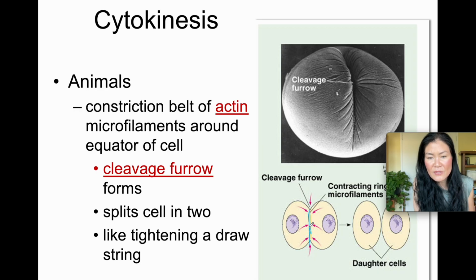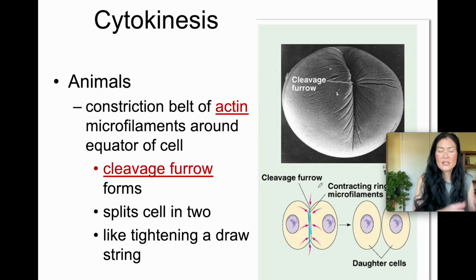Right under the cell membrane, they form almost like a drawstring and get tighter and tighter, until the cell eventually pinches off and you get two new cells. That's a cleavage furrow in animal cells.